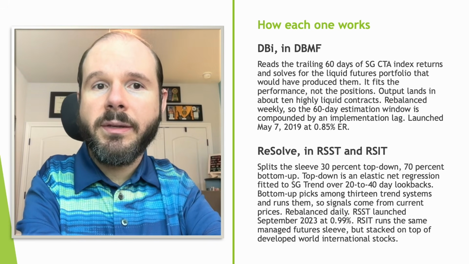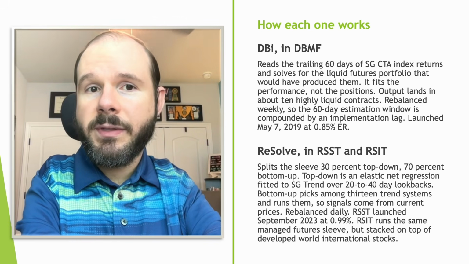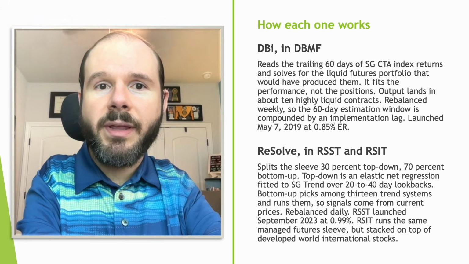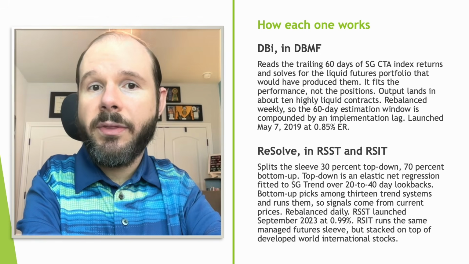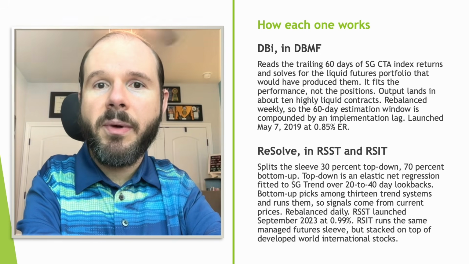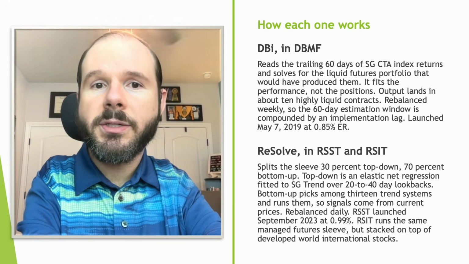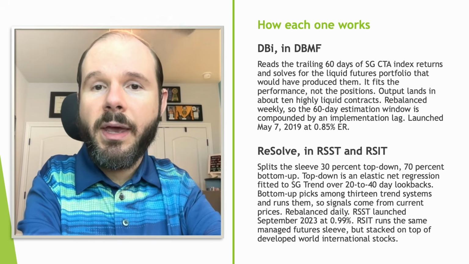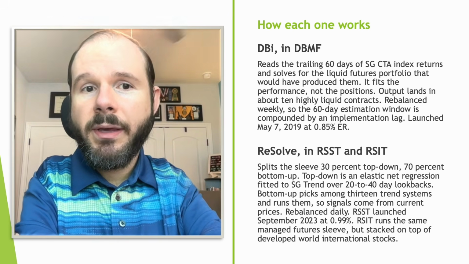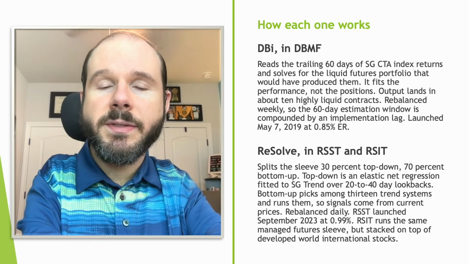Resolve, on the other hand, 30% of its sleeve is top-down elastic net regression fitted over 20 to 40-day windows. The other 70% picks among 13 trend-following systems using ridge regression against the SG Trend daily returns. DBMF rebalances weekly, Resolve rebalances daily.